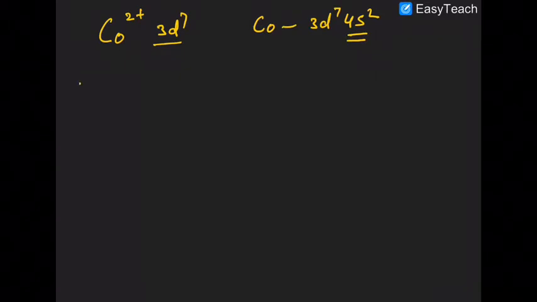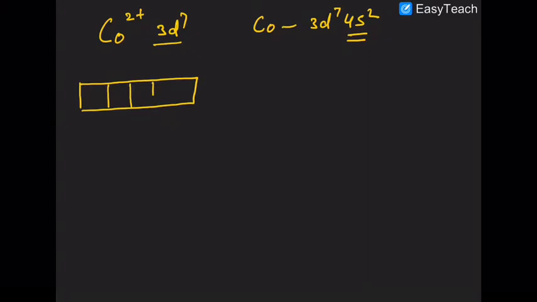So look at the cobalt 2+ cation now: 1, 2, 3, 4, 5, 6 and 7. There are 7 electrons present in the cobalt 2+ cation.